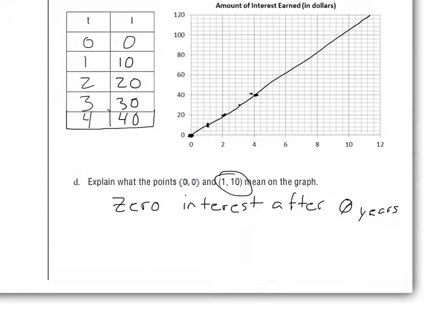So we also know that not only does this mean 1 year is $10, but it means that $10 is earned not just in 1 year, but each year. And we know that's each year because this is a proportional relationship.